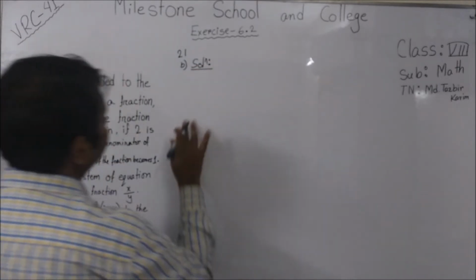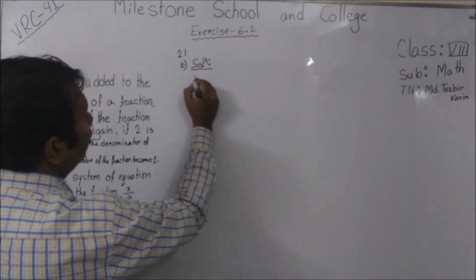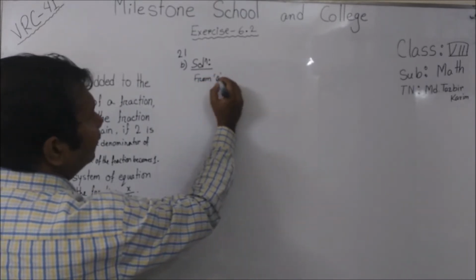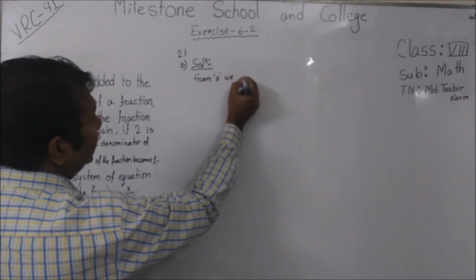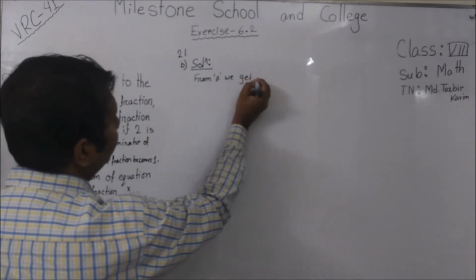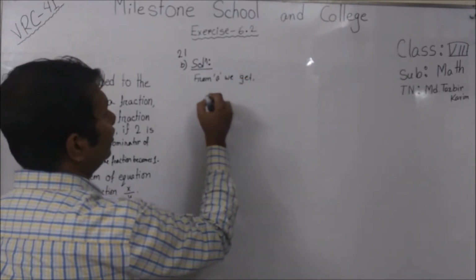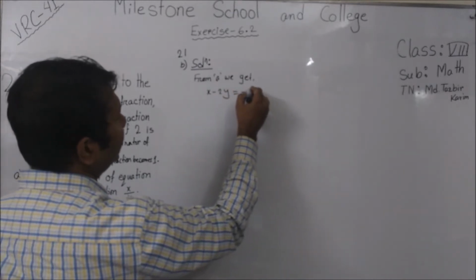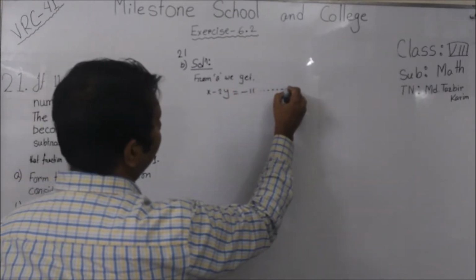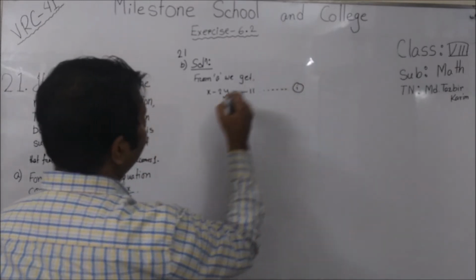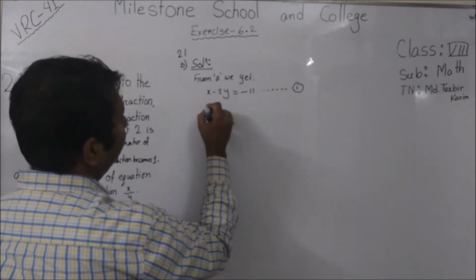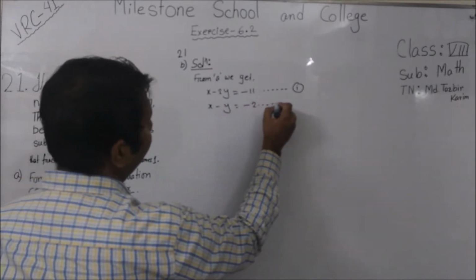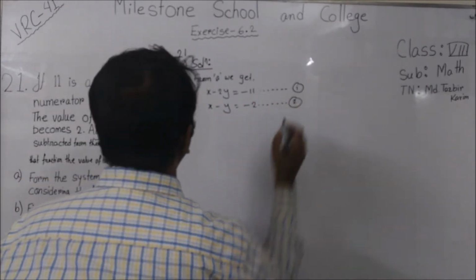From A, again we get x minus 2y equal to minus 11, equation number 1, and x minus y equal to minus 2, equation number 2.